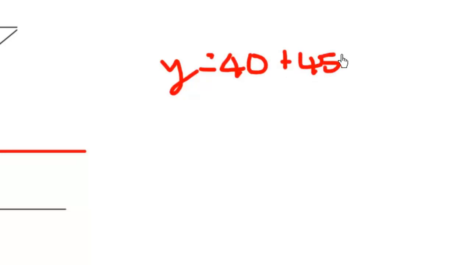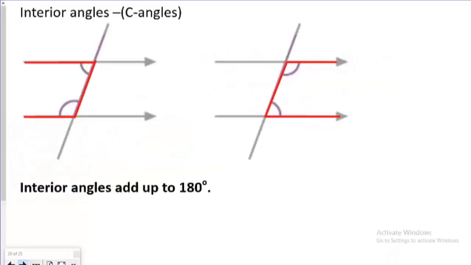Hence my Y will be equal to 40 plus 45, and this will give me 85 degrees. So the only trick is to introduce a third line that's parallel to them.